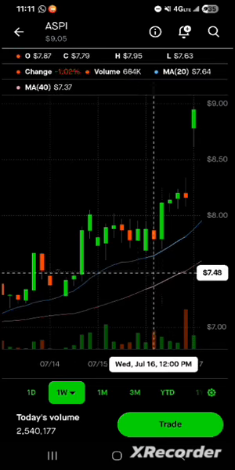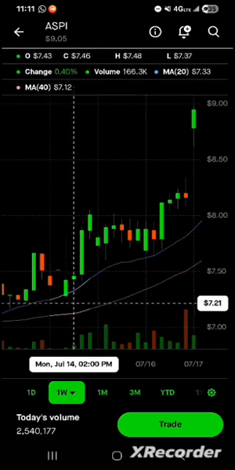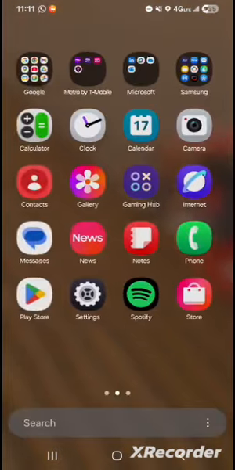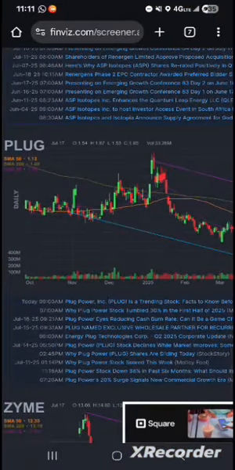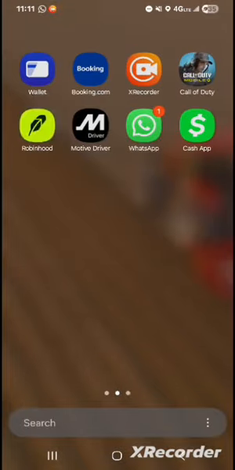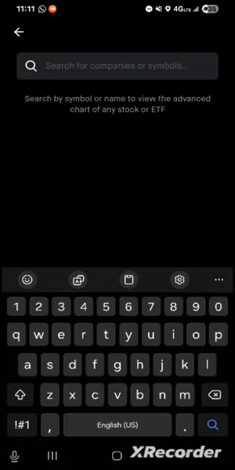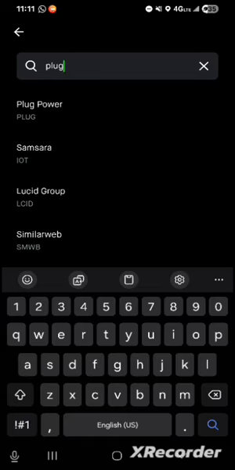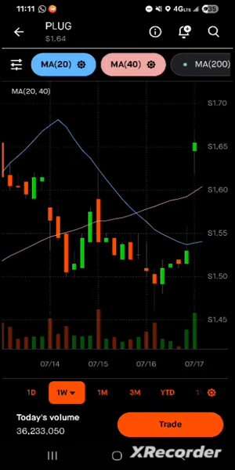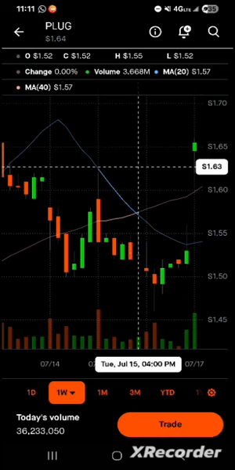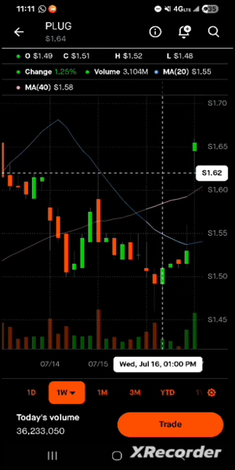Okay, there was no cross, so we want to avoid this. Plug Power. See how Plug is looking. Okay, so that cross is moving into bearish direction, so we want to stay away from that.